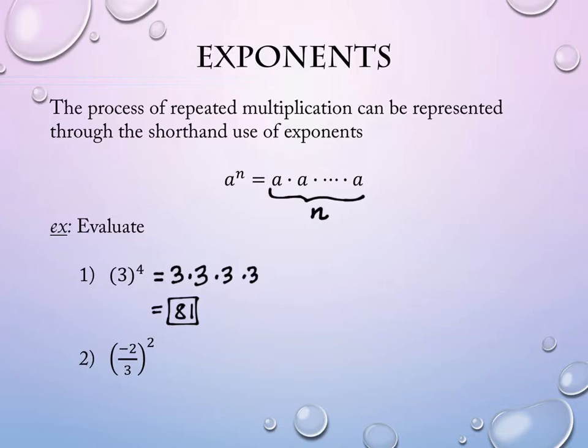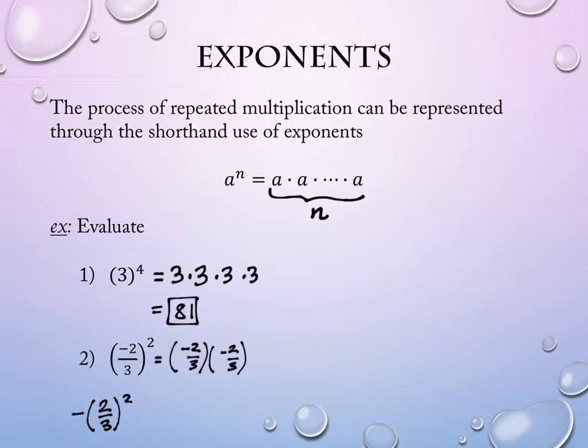The next one with fractions is a bit messier and your calculator is a bit less helpful, but it's still useful. Let me show you. So first of all, because the negative is inside the parentheses, it means that we have negative 2/3 times negative 2/3. If this question said negative and then 2/3 to the power 2, what would actually be multiplied?